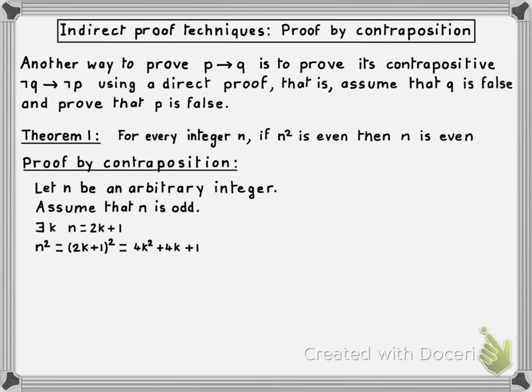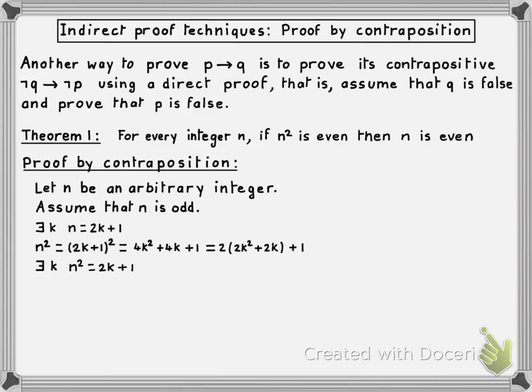Now we need an expression for n squared that's of the form 2 times something plus 1. So to get there, let's factor out 2 out of these two terms to get 2 times (2k squared plus 2k) plus 1. Now we know that this k here is an integer. Therefore, 2k squared plus 2k is also an integer.